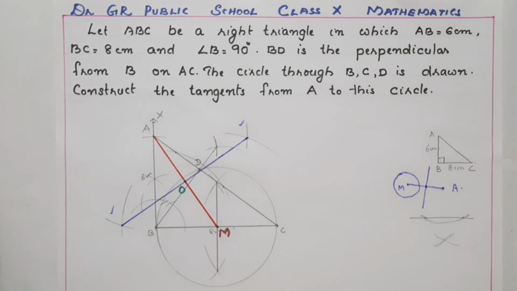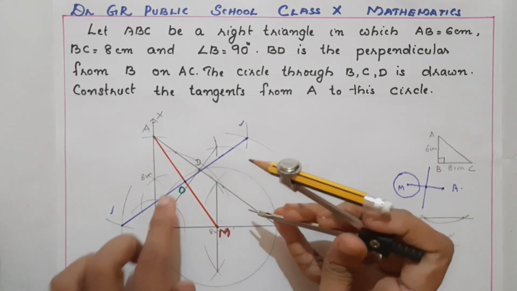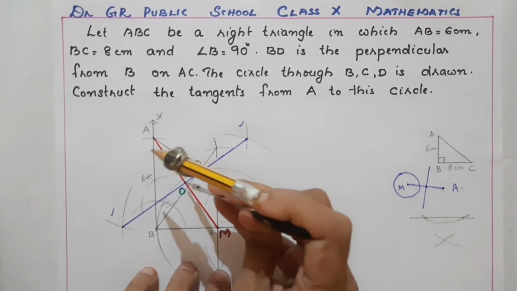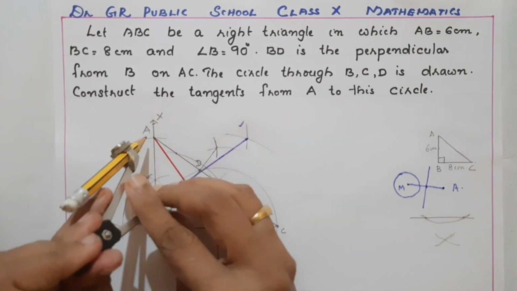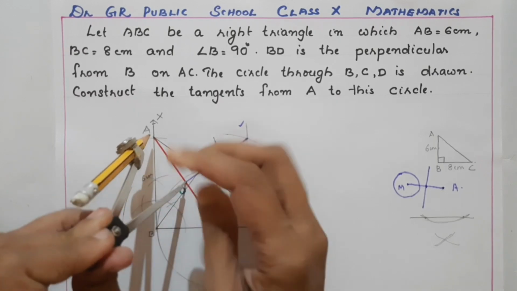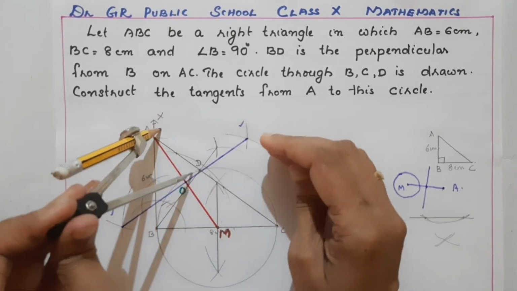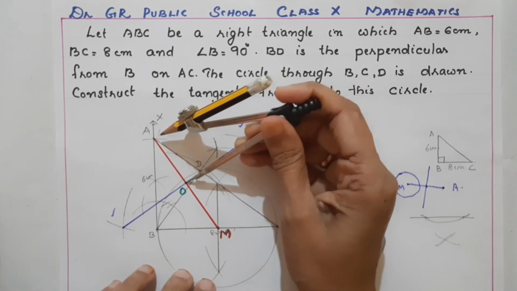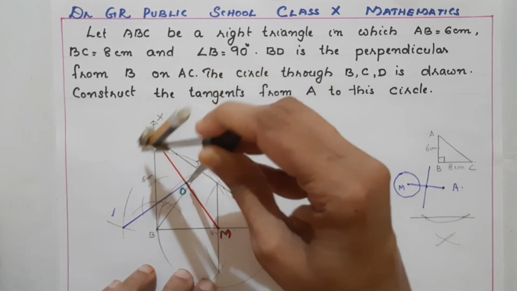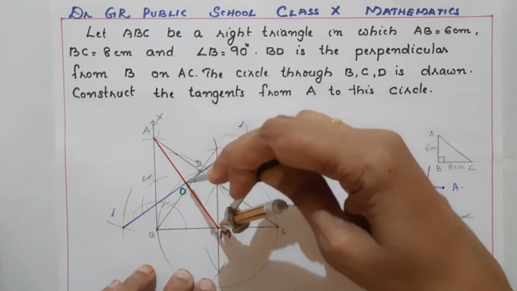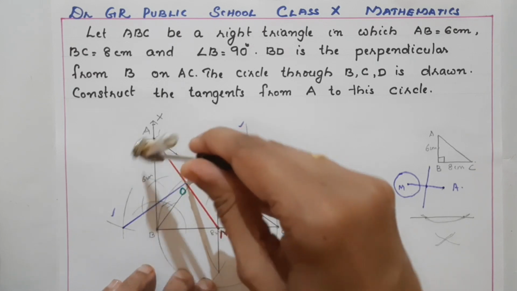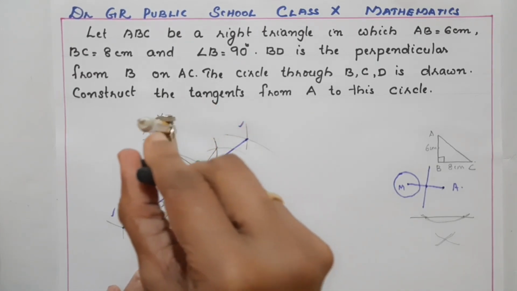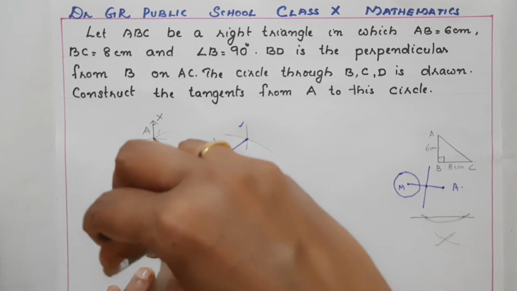Now we have to draw a circle with the center O and radius OM or OA. So I am taking OM. Now I am going to draw the new circle.